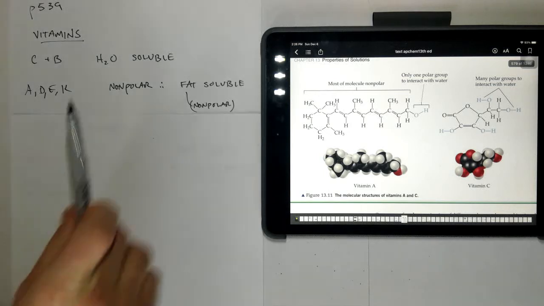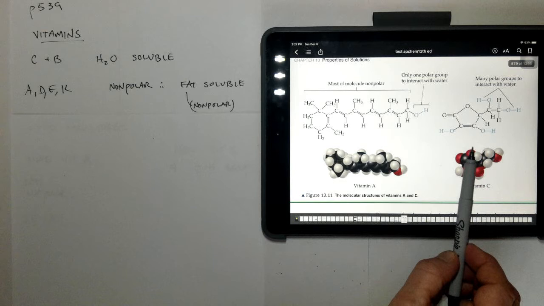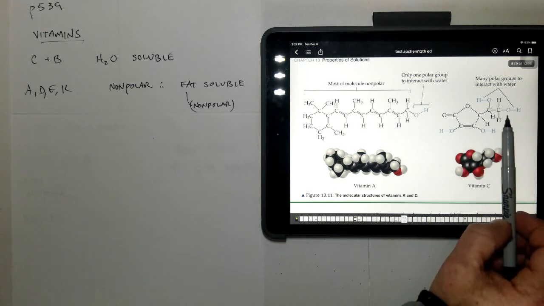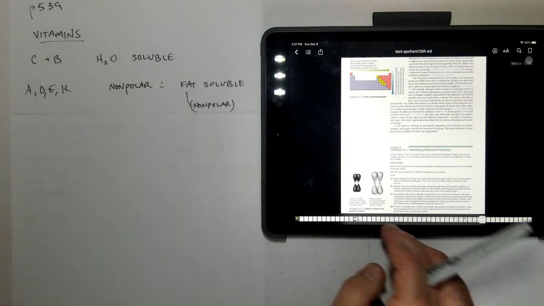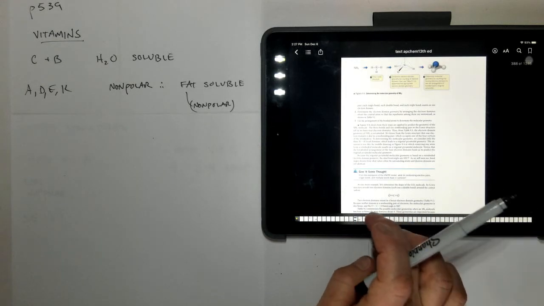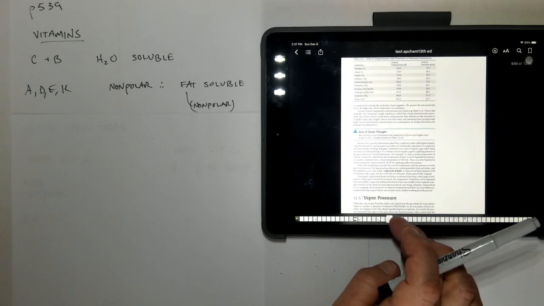Now, the reason water-soluble vitamins are water-soluble is because they have lots of polar parts to their molecules. If you look at vitamin C, in this case, it has OH, OH, OH, and OH. Lots of areas there where we would have hydrogen bonding characteristics available.